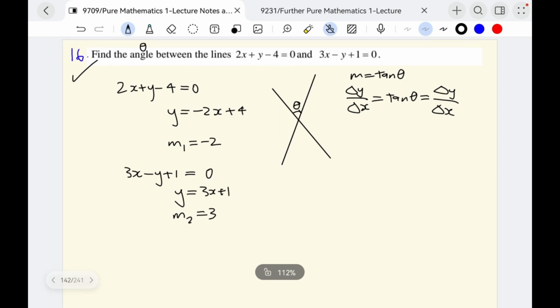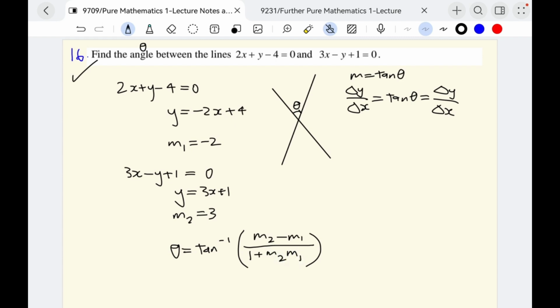Okay, just use the formula from the double angle formulas, proved for tangent theta: M2 minus M1 over 1 plus M2 times M1.